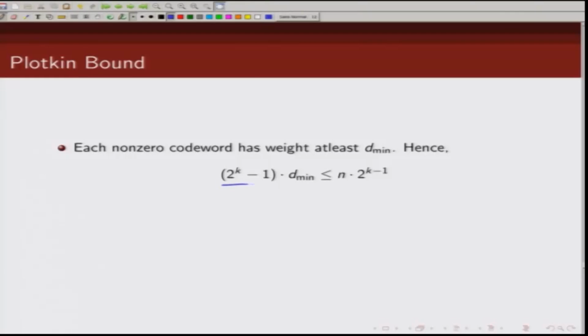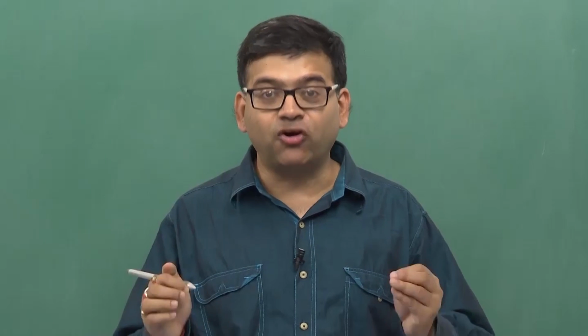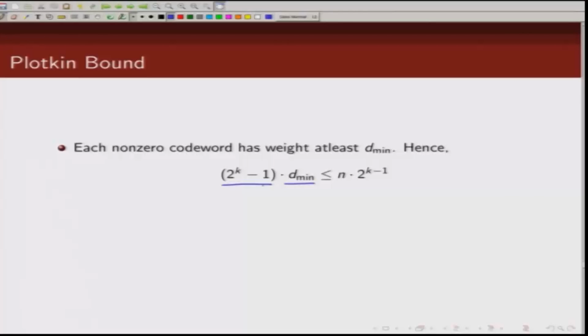So, the minimum weight of the code word is at least d min. The number of non-zero code words is 2^k minus 1, and each one of them will have weight at least equal to d min, because d min is the minimum distance of the code. So, 2^k minus 1, the number of non-zero code words, multiplied by the minimum weight of a code word, this number should be less than or equal to the number of ones in this array.